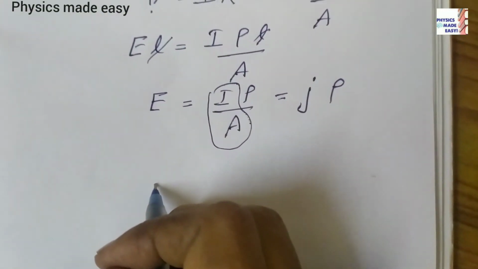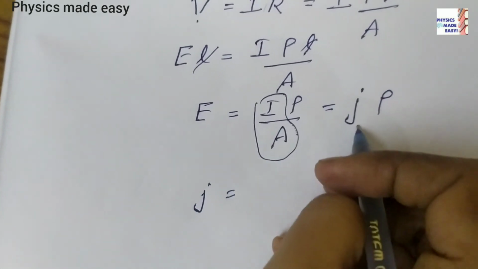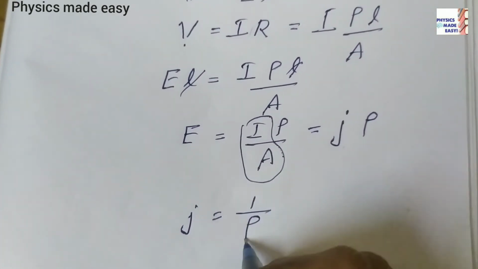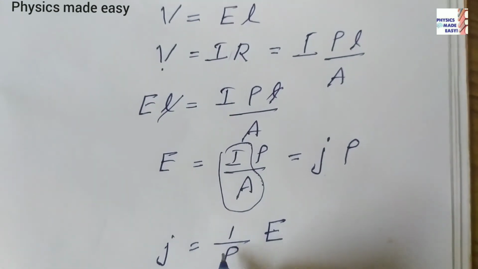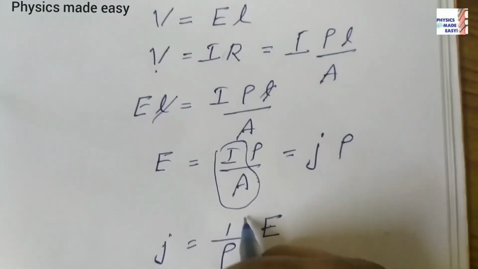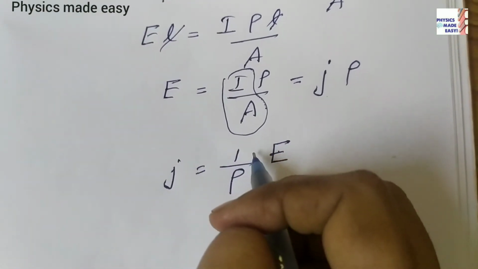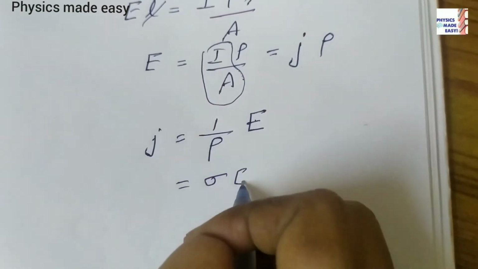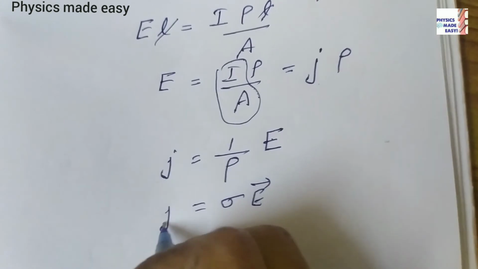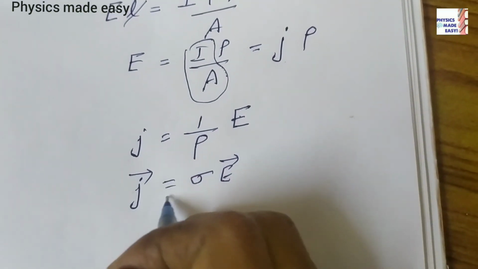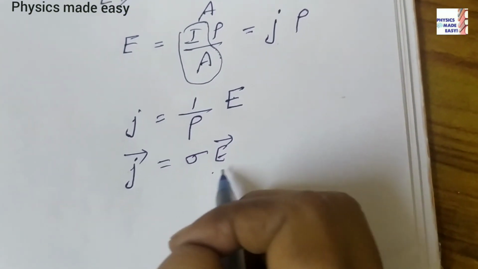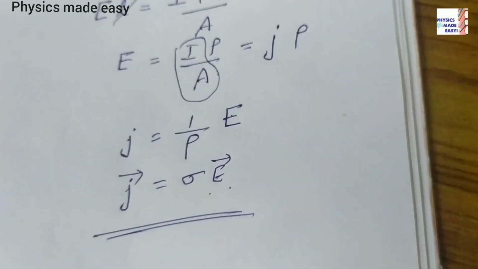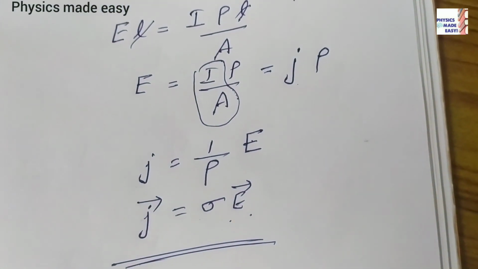This I can write as J is equal to 1 by rho into E. You know the reciprocal of resistivity is conductivity. So we can write that as sigma into E. So current density is equal to sigma into E. This is the vector form of Ohm's law.